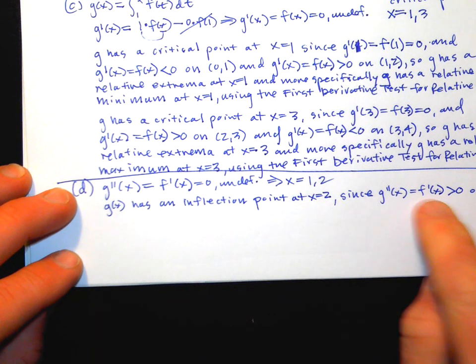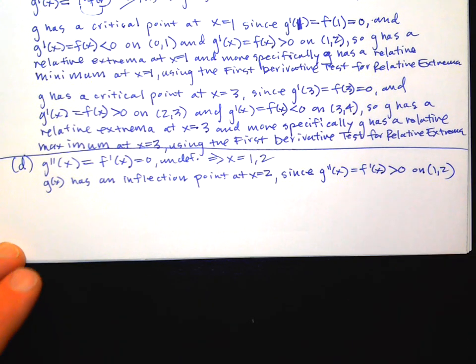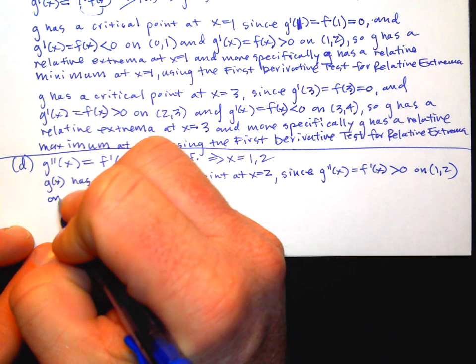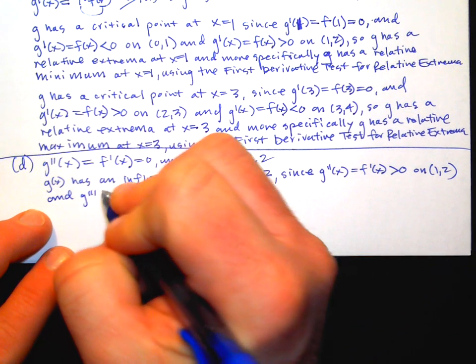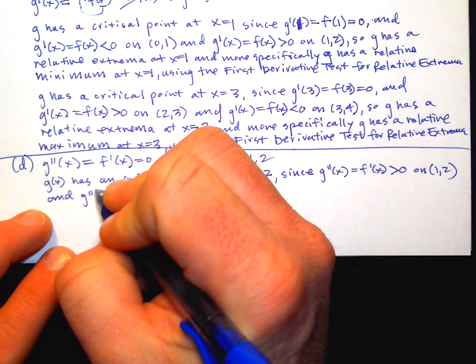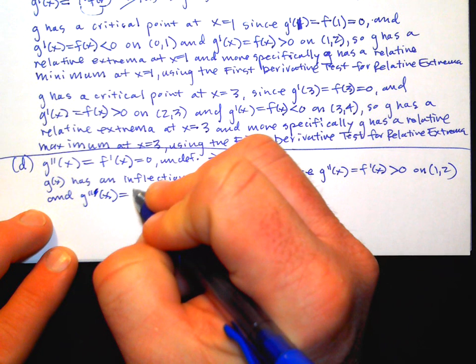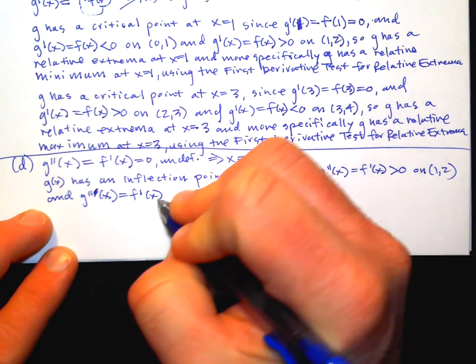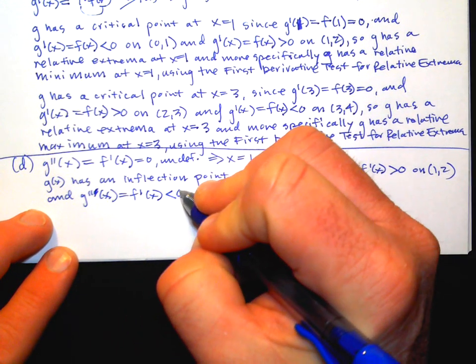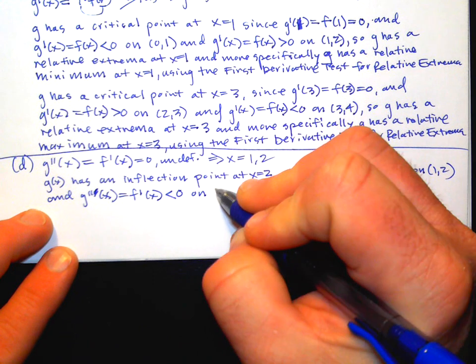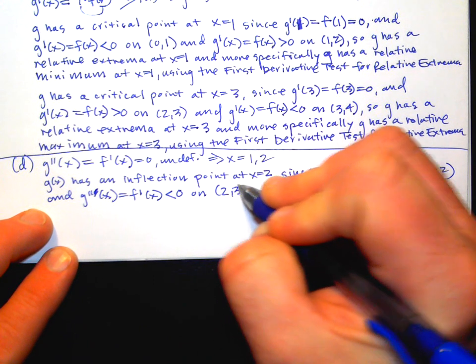So I'm always making connections back to f to show them I understand that. And g double prime of x, which equals f prime of x, is negative, concave down, on the interval directly to the right, 2 to 3.